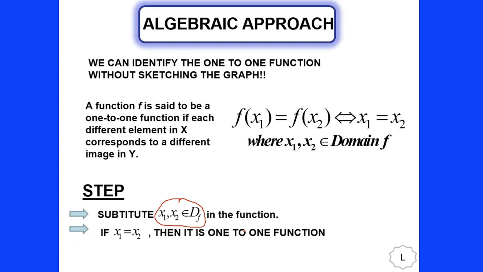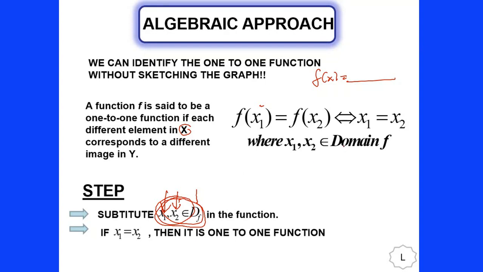A function f is said to be one-to-one if each different element in x corresponds to a different image in y. So let's say it gives f(x) equal to something. We choose two numbers inside the domain and substitute into it. Then finally show that the two numbers taken are equal. If equal, you can conclude that it is a one-to-one function.